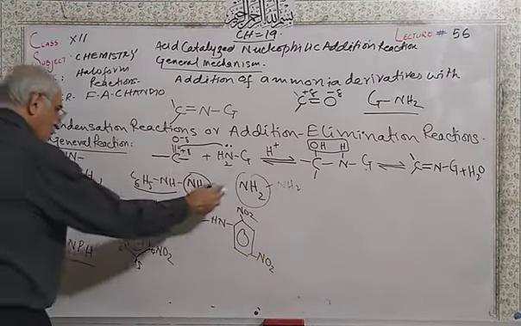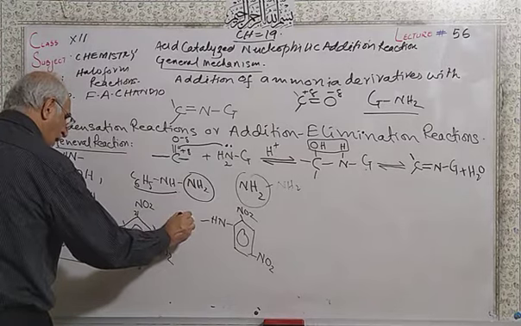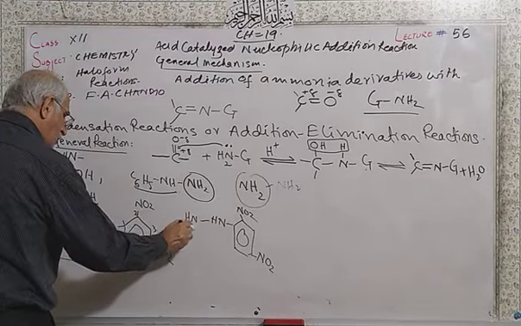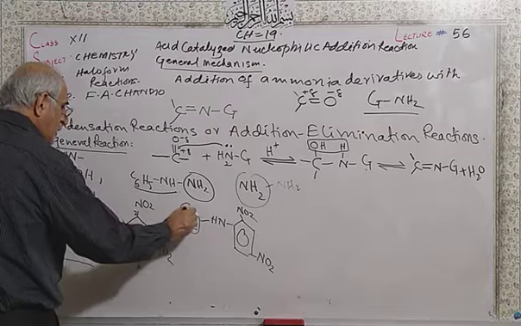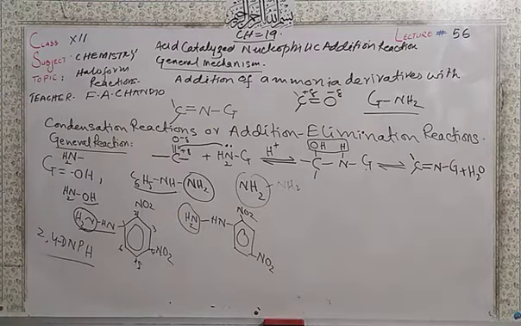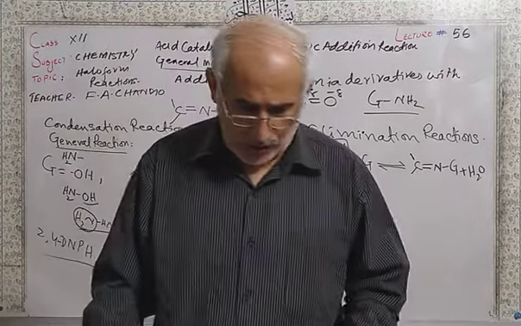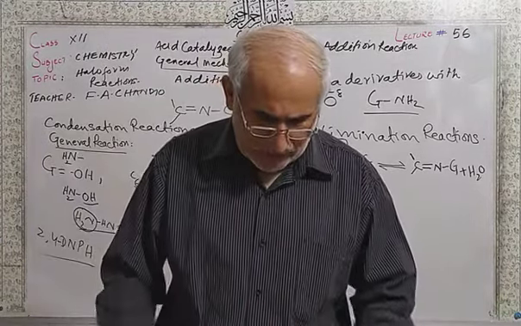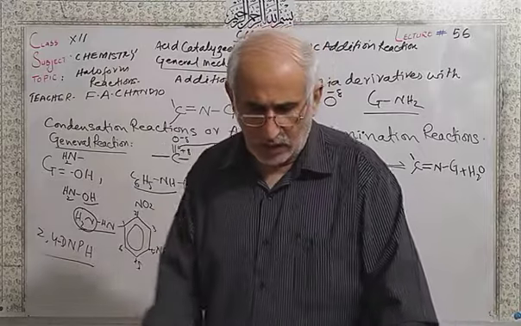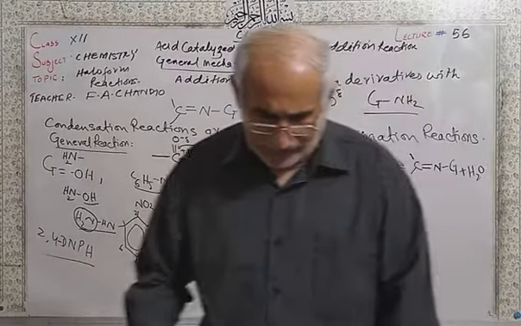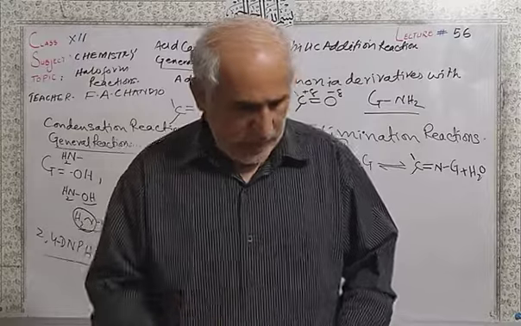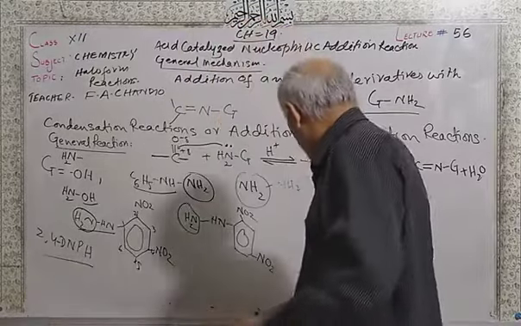This whole is the group, and when you attach it with the amine like this, this will participate. That's why we call it 2,4-DNPH. So now I am going to complete the reaction of DNPH with aldehydes and with ketones. I am going to write the chemical reaction for this.